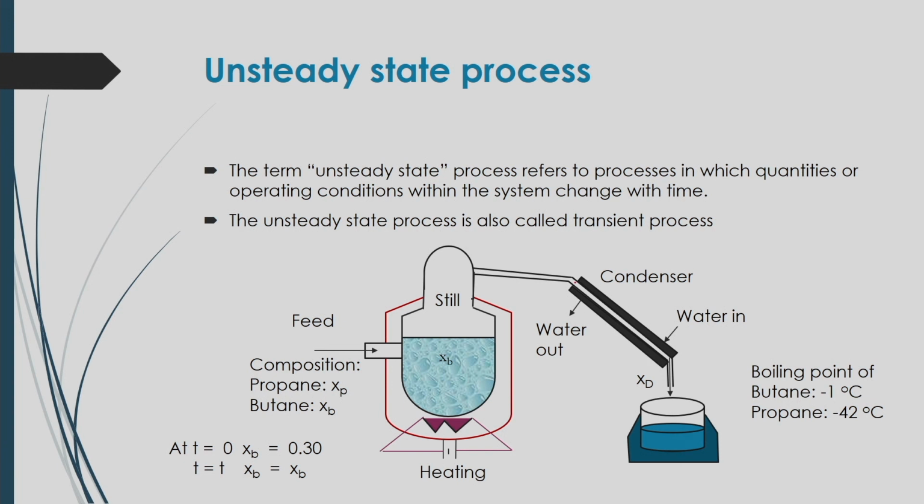After that it is condensed through a condenser and taken out as liquid butane, because butane has the lower boiling point here. The boiling point of butane is minus 1 degree Celsius, whereas the propane boiling point is minus 42 degree Celsius.